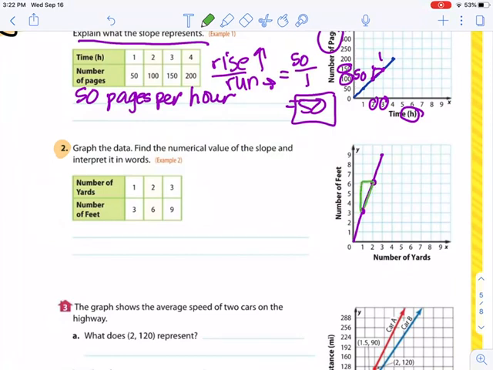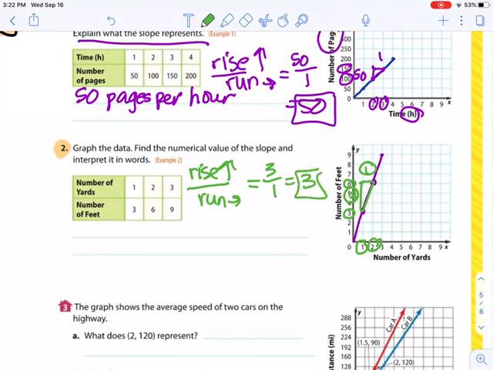So up and then to the right. So remember to find slope, we need rise over run. Okay, so rise is how far up did we go? So we start at 3, end at 6. So that has a rise of 3. And for our run, we start at 1 and end at 2. So that has a run of 1. And 3 over 1 simplifies to 3.